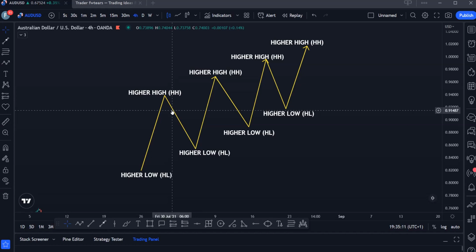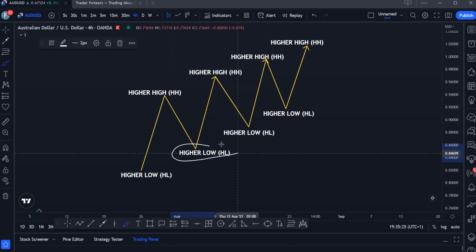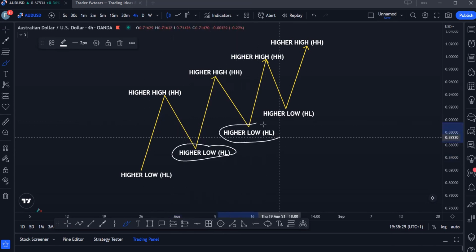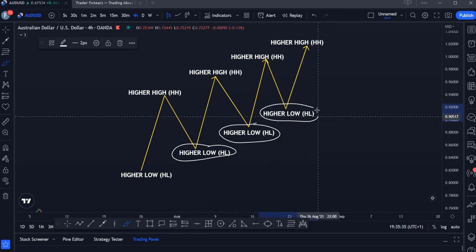And where will you be looking for buy opportunities? You'll be looking to buy at higher lows. So in an uptrend, you are buying at higher lows. Please write it down. It's a very, very important gem that we are dropping. Okay, you will need it in the next few sessions.